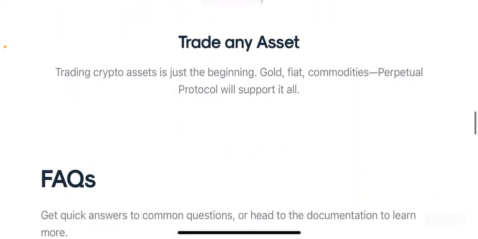So yes, they have more than 15 assets that they're supporting, but you will definitely get more and more assets in the future depending on the governance proposals, and you can trade a lot of assets that you really can't find in a lot of other locations on this platform, right? Gold, fiat, commodities, and everything basic will be supported here, and there'll be a lot more exotic assets coming in the future, right?